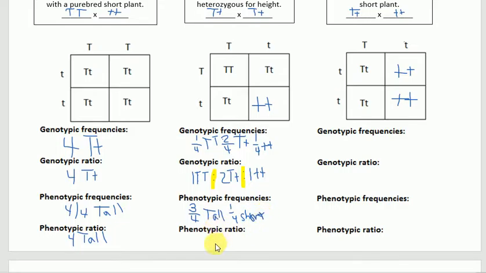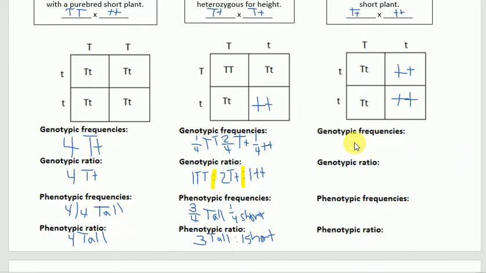And our ratio would be 3 tall to 1 short. I want you to pause a minute and see if you can come up with the genotypic and phenotypic frequencies and ratios on this last one here.